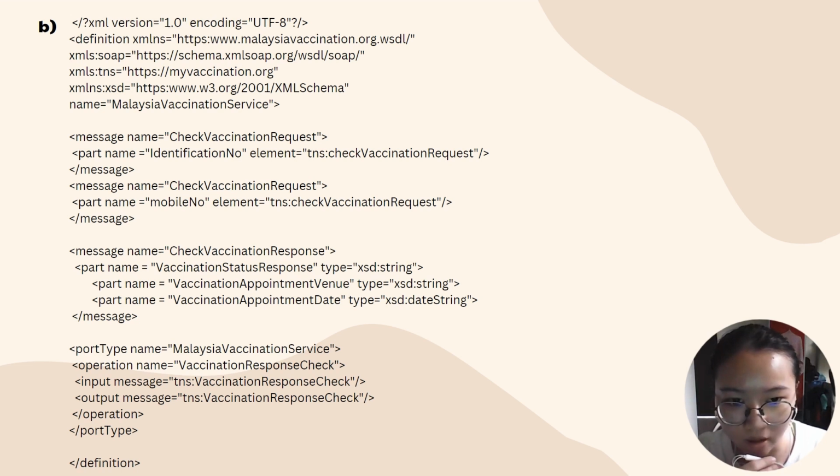Then followed by xmlns:xsd equal to https://www.w3.org/2001/XMLSchema, and the name of this service is Malaysia Vaccination Service.